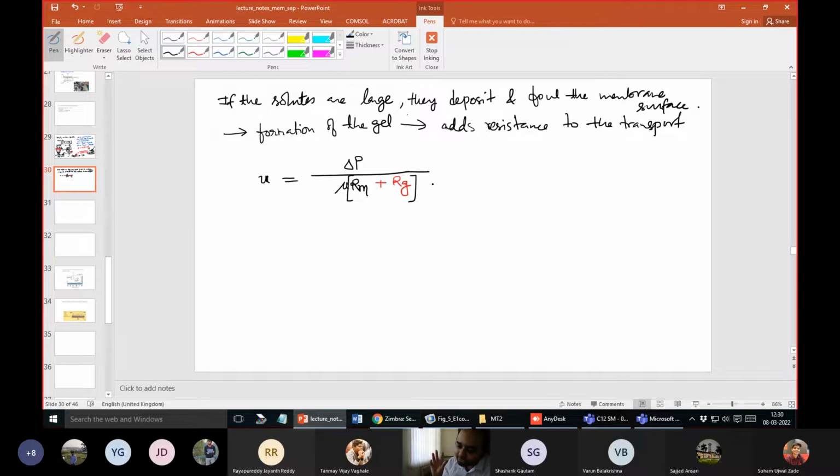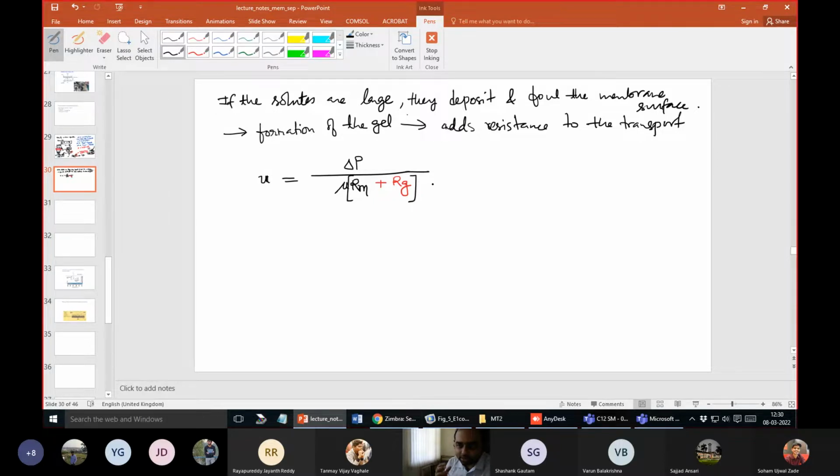So they will either deposit over the membrane surface and impart a significant resistance if they are large molecules. If they are very small molecules, that may not be so important and it may not form a gel at all. So when does it form a gel?